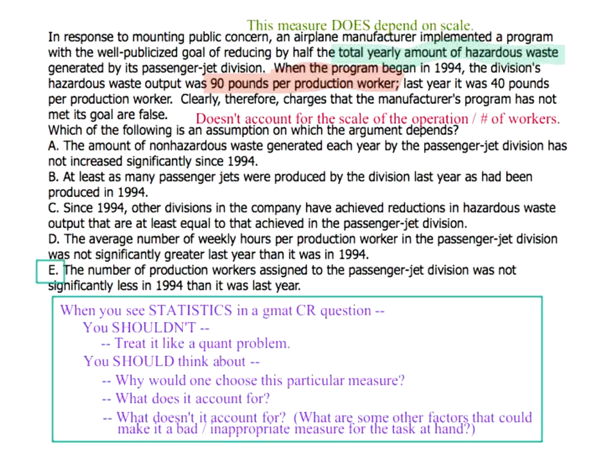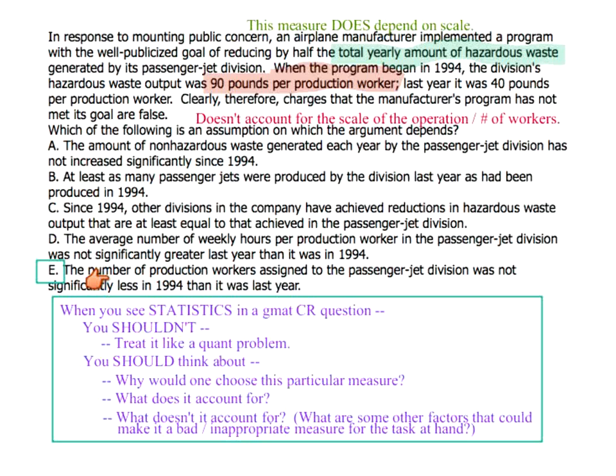Because if you have a total, you have to assume there's not a big change in the number of workers. You can think about this the way you think about assumption questions often, which is negating it, making it false. If you make E false, then you would have a big decrease in the number of workers.